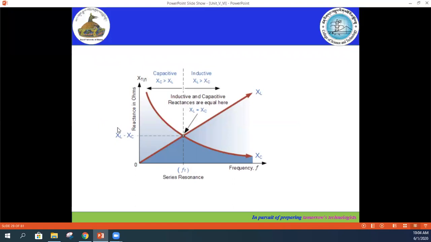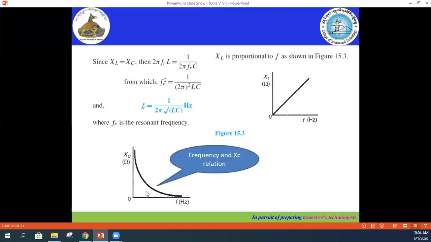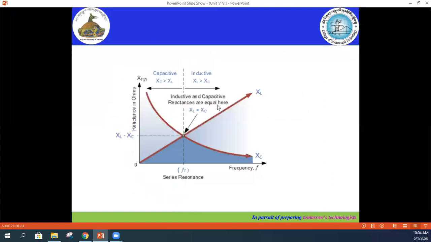if we add these two figures, here we have frequency on the x-axis, and XC and XL on the y-axis. If we add these two graphs, you'll have it like this. So the point of intersection is called the series resonance frequency.